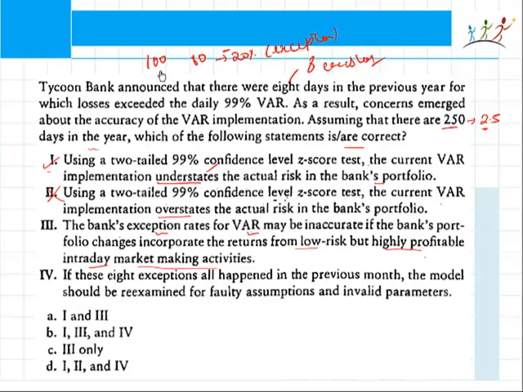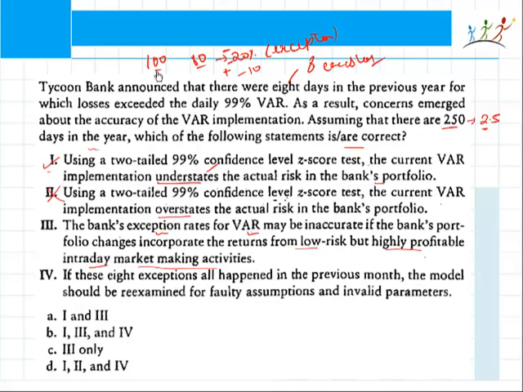So if we just use the end of day values, then our exceptions may be overestimated because total loss in the day was not minus 20%. There were some profits coming from market making activities and intraday trading that also should be added to this. So the loss actually was not minus 20, loss was only minus 10 after we incorporated these other returns also.